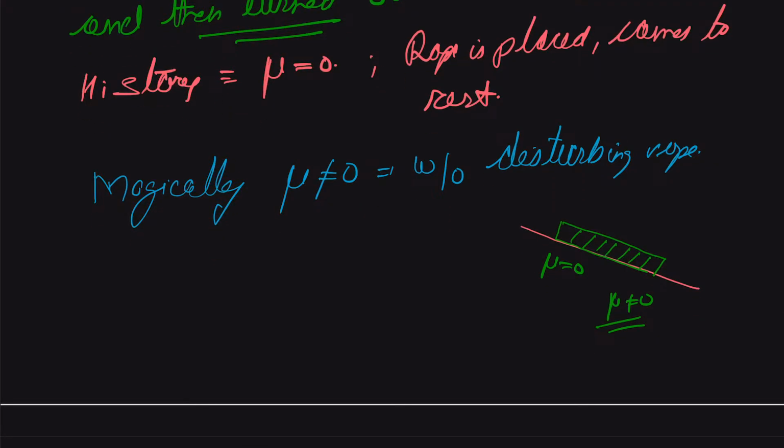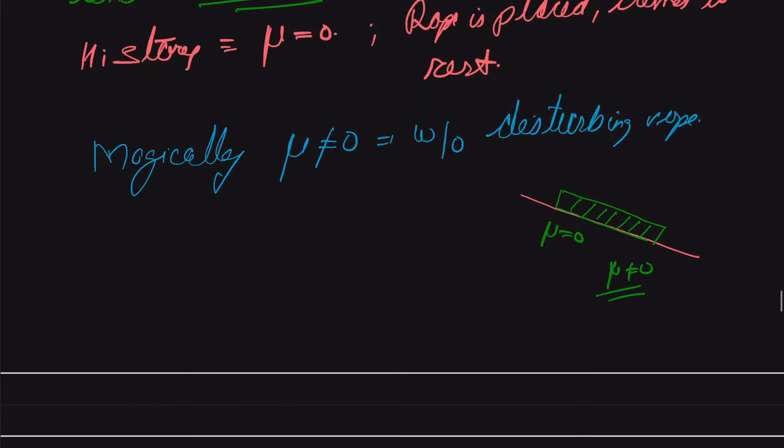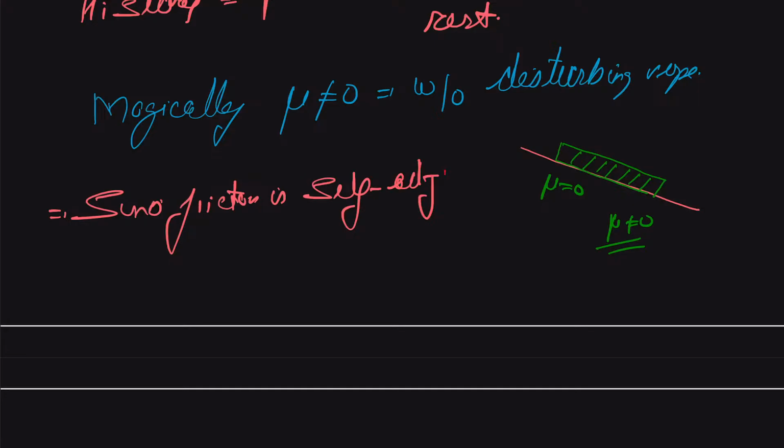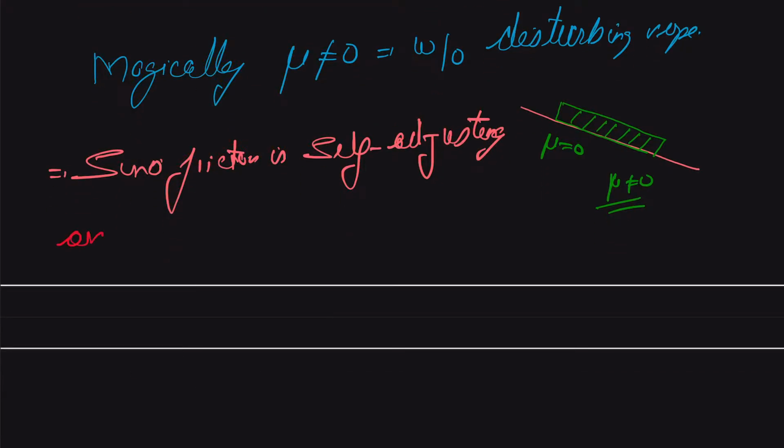And we already know that our friction is self-adjusting and requires a desire to move.